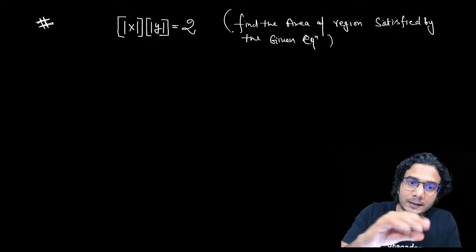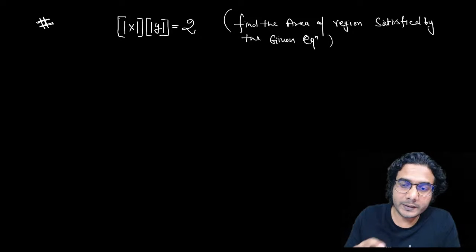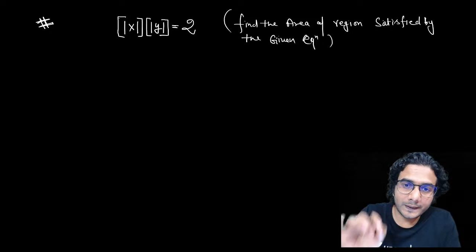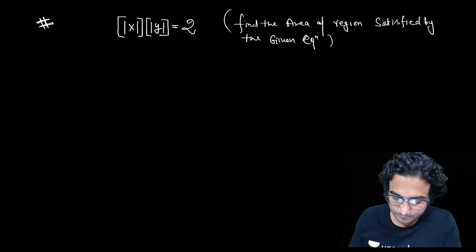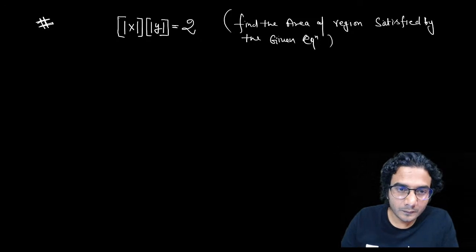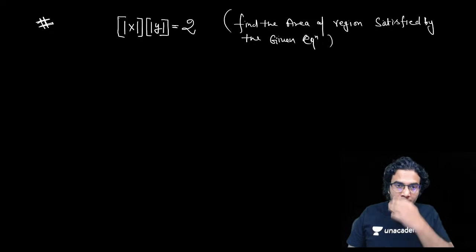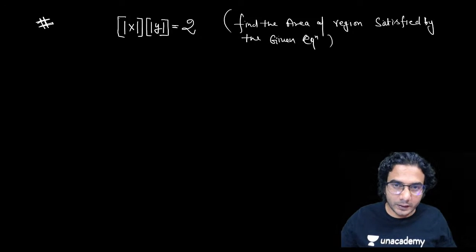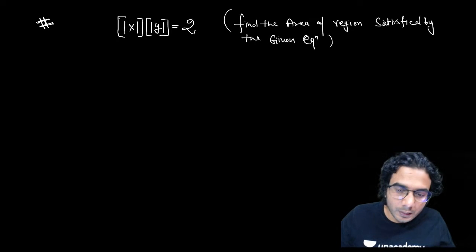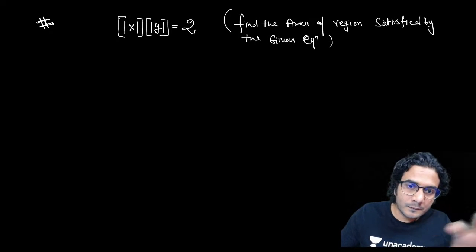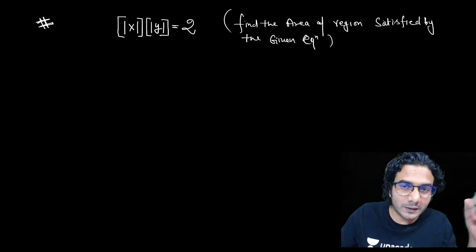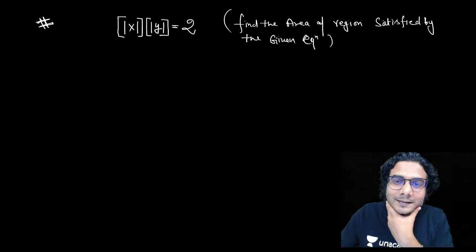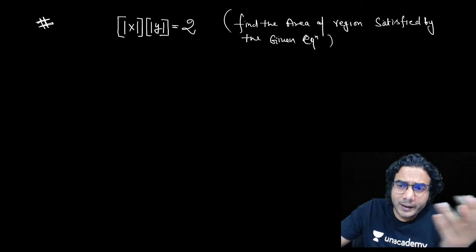Basically if you draw this, it is going to be a region, so you need to find the area of that region. Generally, when you put greatest integer in x and y, it becomes a closed region of boxes or something. I discussed that in transformation. You try it, then I'll tell you.